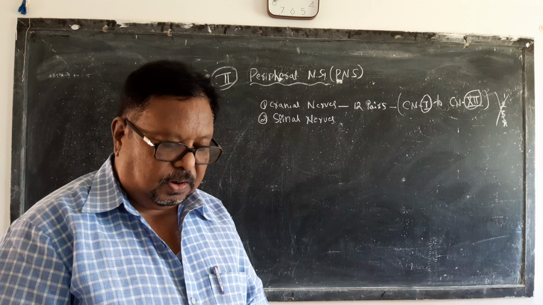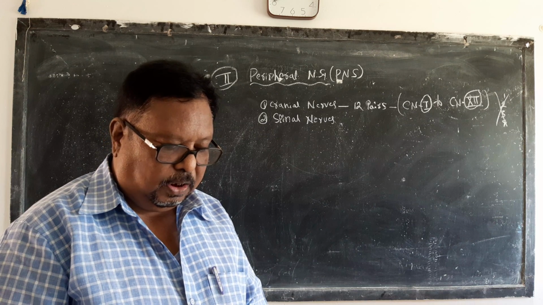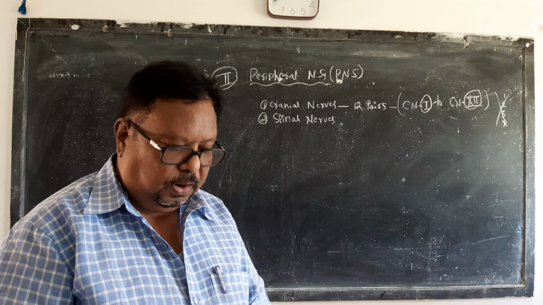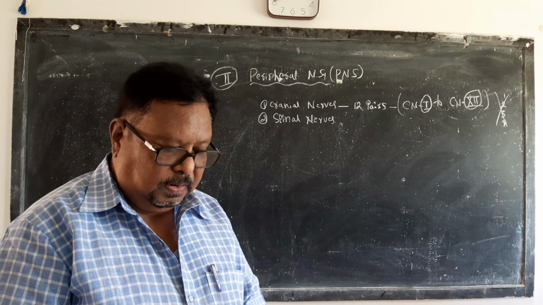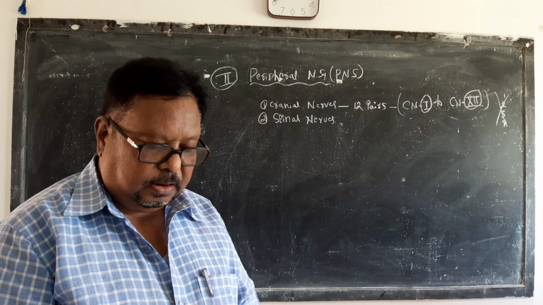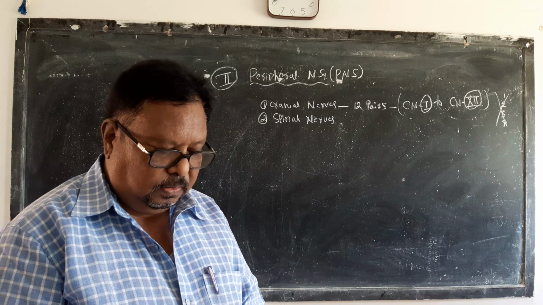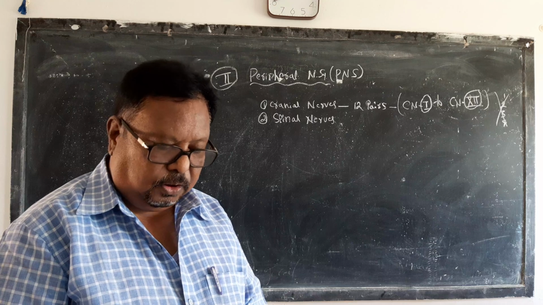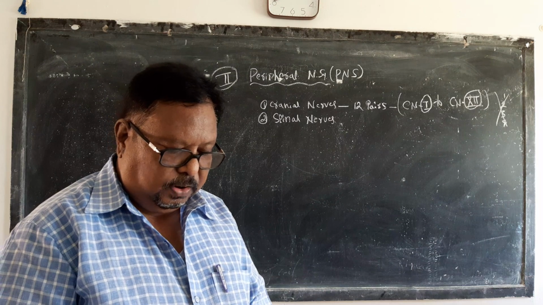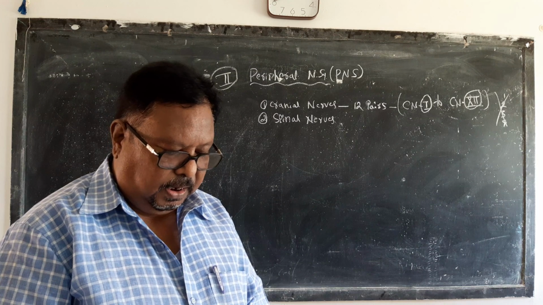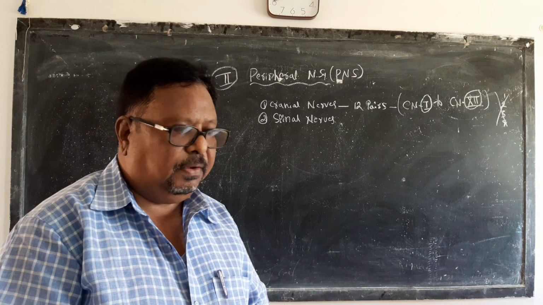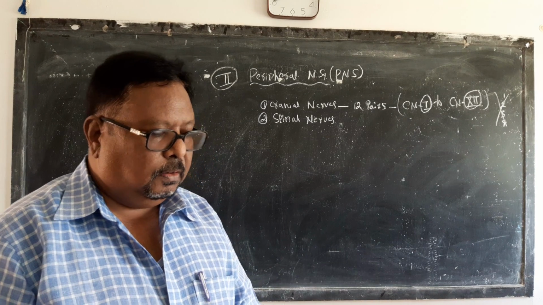All the spinal nerves are combined sensory and motor axons that arise from two separate nerve roots. The sensory axons enter the spinal cord as the dorsal root and motor fibers emerge as the ventral nerve root. The dorsal root ganglion for each nerve is an enlargement of the spinal nerve. I have explained all these things.